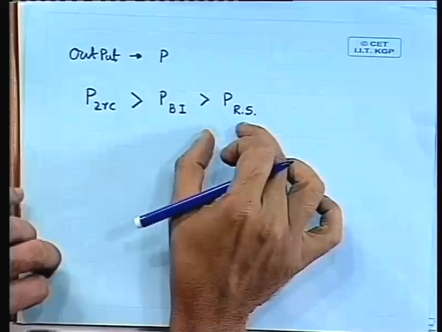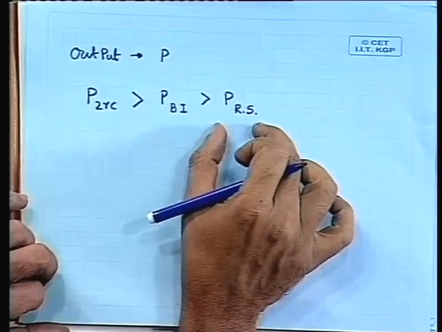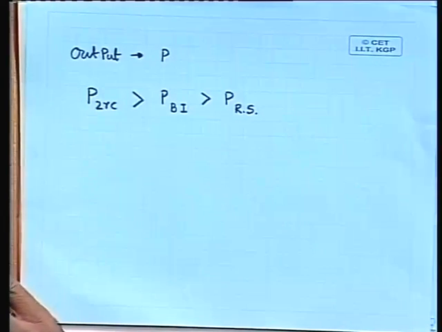With 2 stages of Curtis, whatever output we can get, we need many more stages of reaction turbine to get the same output. Okay. So, what does it mean? That means more rows of blades will be there if we go for only reaction stage, whereas with fewer blades we can have the same output with a velocity compounding impulse turbine.